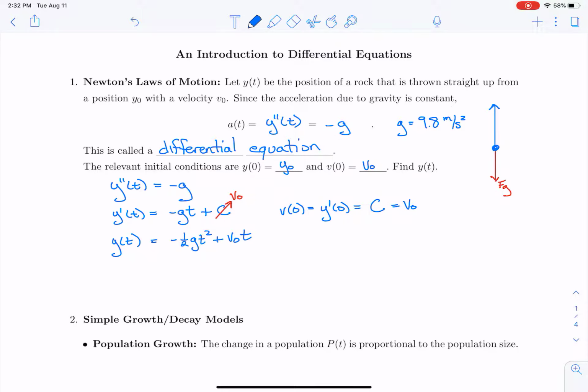And then I need to add another constant. And just to be careful, I'm not going to use c because it's supposed to be a different constant, so I'll use the letter d. And then to determine d, I'm going to use the initial condition. So y of 0, if we plug 0 into this equation, we get that y of 0 is d.